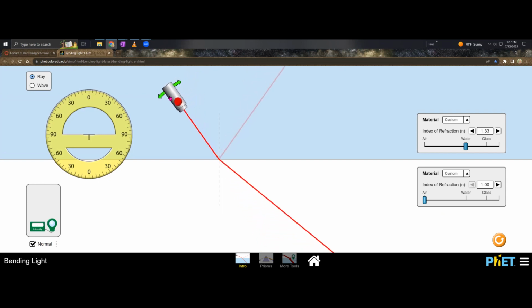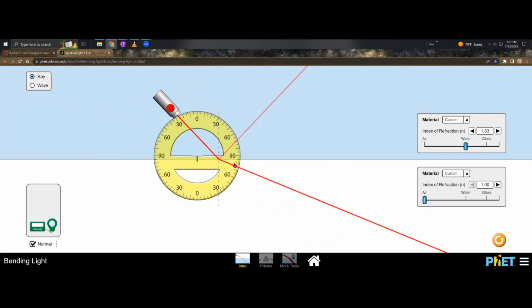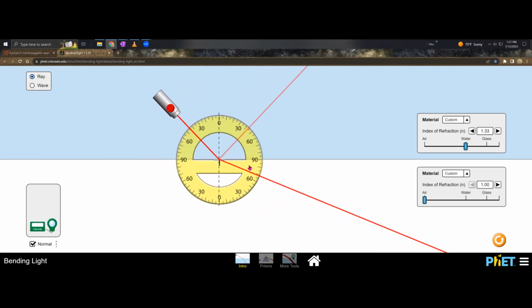If this is at 45 degrees, that's pretty close to 45, right? That looks like 45 to me. You could see that the refracted angle is not at 45, but it's higher.